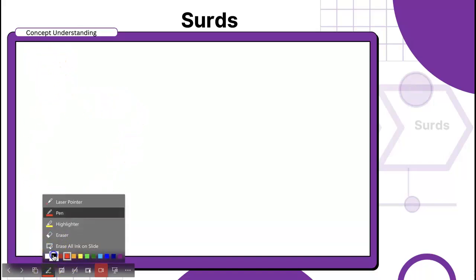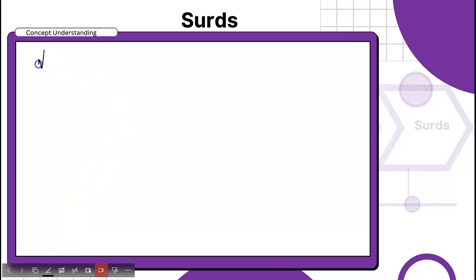So you know what exactly a surd is. If we have a radical symbol and any number written over there, it's a surd. But what is not a surd? If I draw a radical and write a perfect square number there, 4 is a perfect square. That means even though it's inside the radical, it's not a surd.